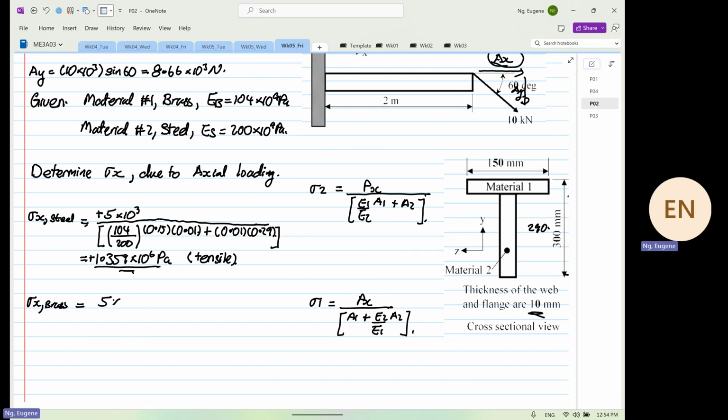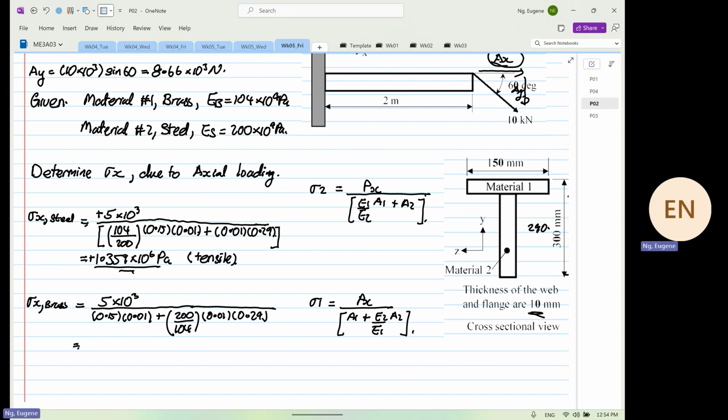So again, 5 times 10 to the power 3, cross-sectional area of 1. Material number 1, which is brass, plus, by now, it will be E2, which is steel, divided by 104, multiplied by the width. Okay.